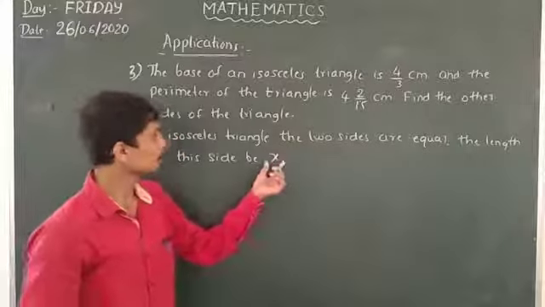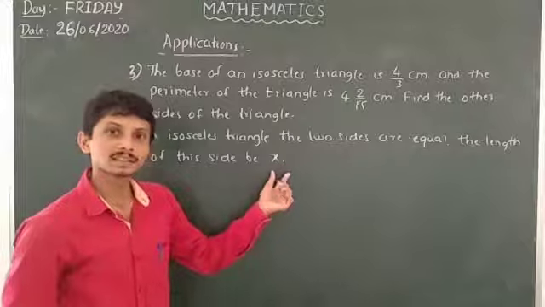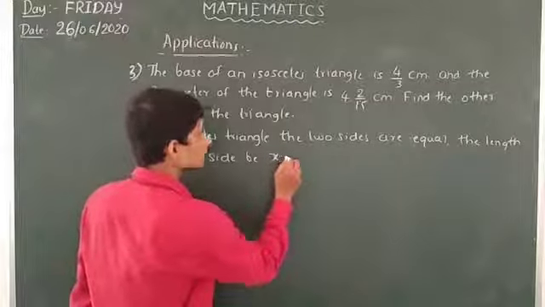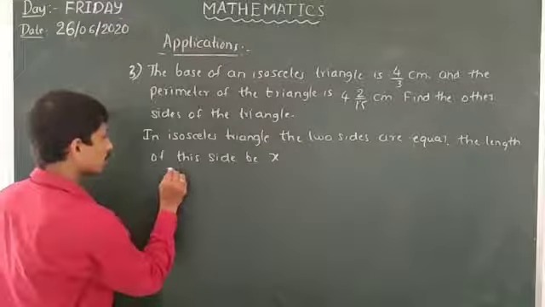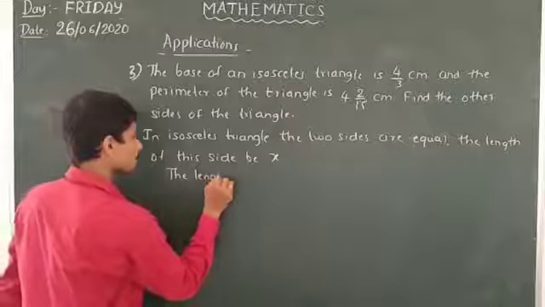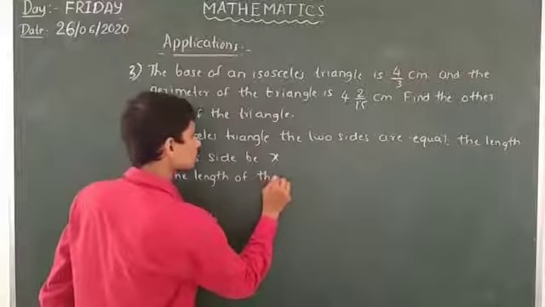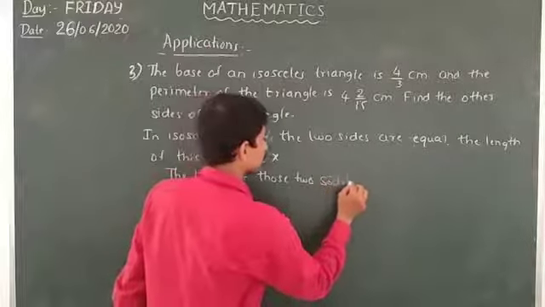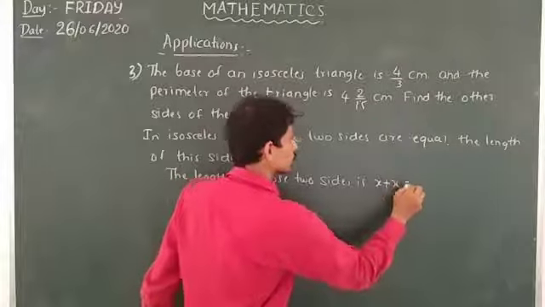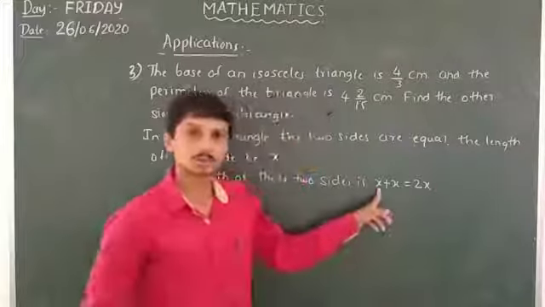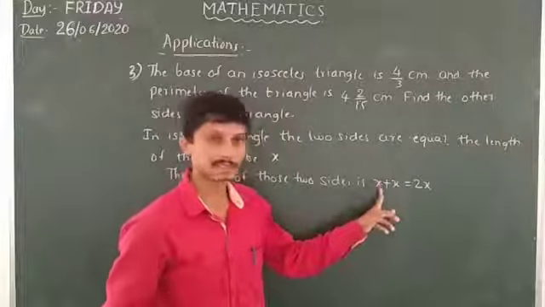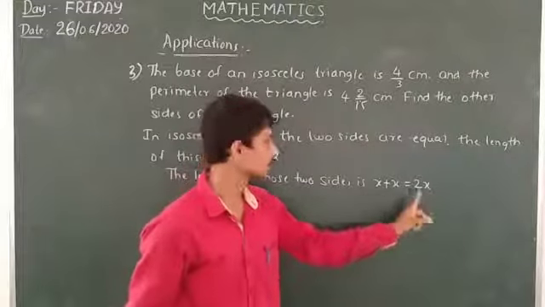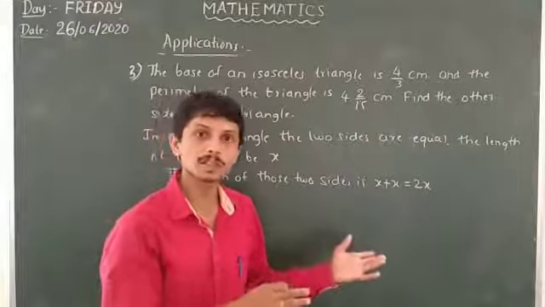So one side is x, that means the other side is also x. The length of those two sides is x plus x is equal to 2x. If we add those sides we get 2x. So we got the sum of the two sides.